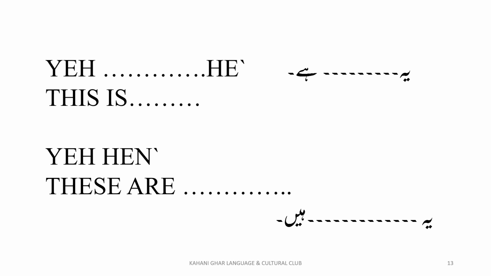You can say ye gadi hai. For plural, these are cars. We will say ye, object in the middle, and hain at the end. ये गाड़ियाँ हैं. These are cars.